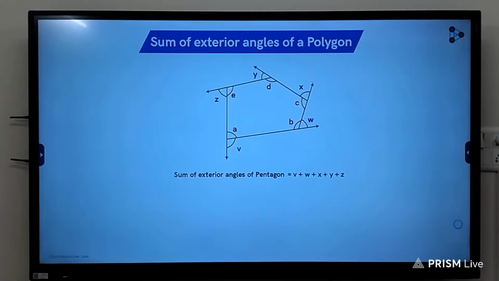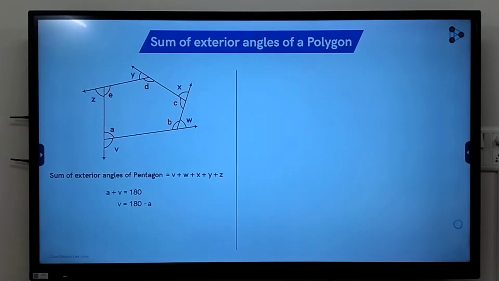Observe that the angles A and B form a linear pair. What does that mean? Yes, it means A plus B will be equal to 180. We can write B as 180 minus A. Also, we have other linear pairs, namely B and W, C and X, D and Y, E and Z. On similar lines, we get these relations.